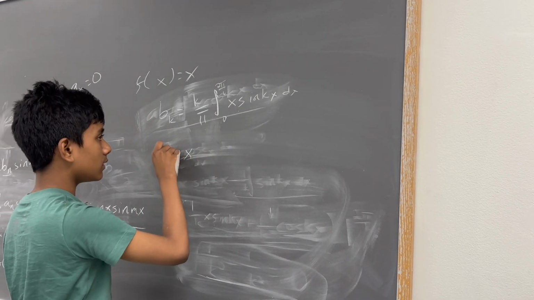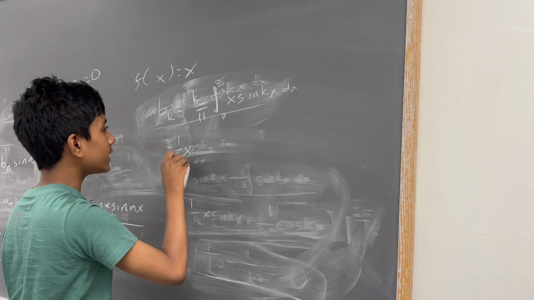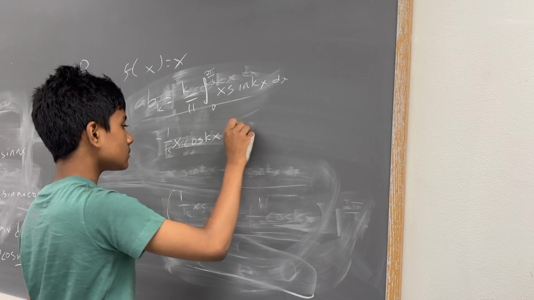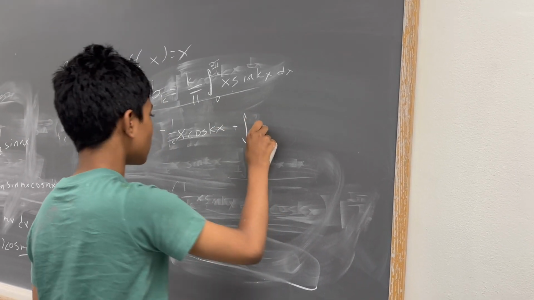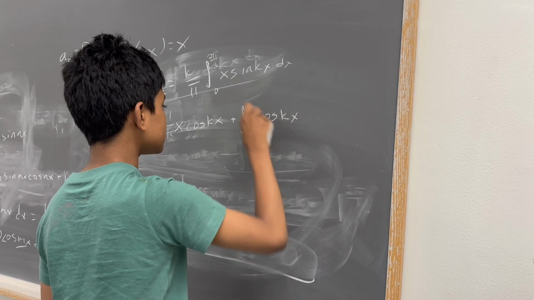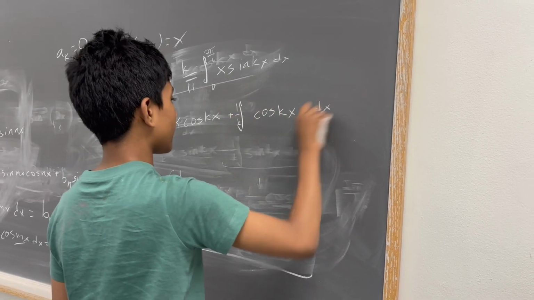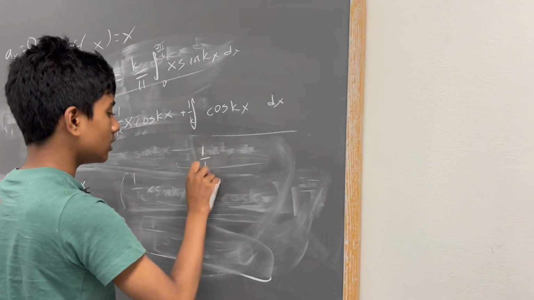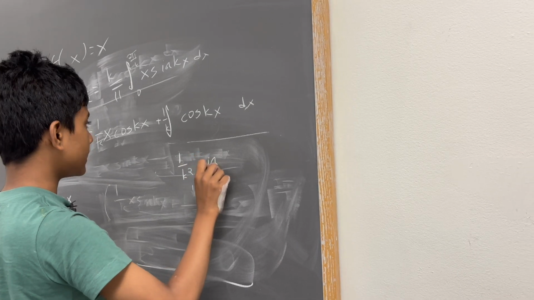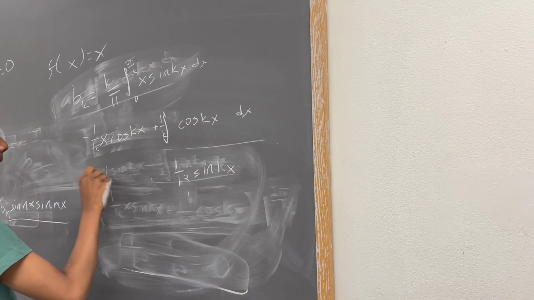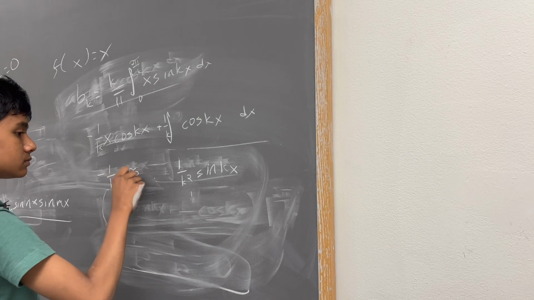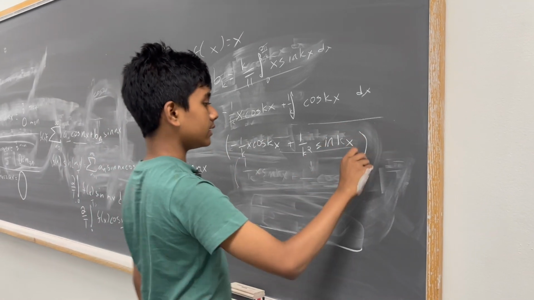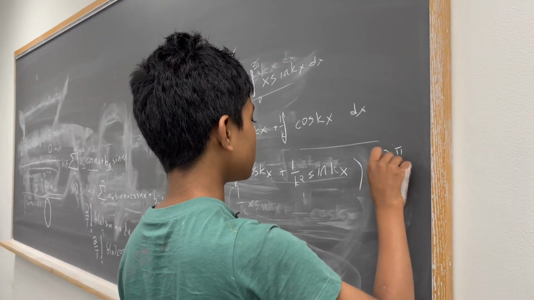We get minus 1 over k x cosine kx plus the integral of cosine kx times this 1 over k factor outside dx. And what is this? Well, of course, this is just going to be 1 over k squared sine kx. Great. So now we just take the range 0 to 2 pi over k.